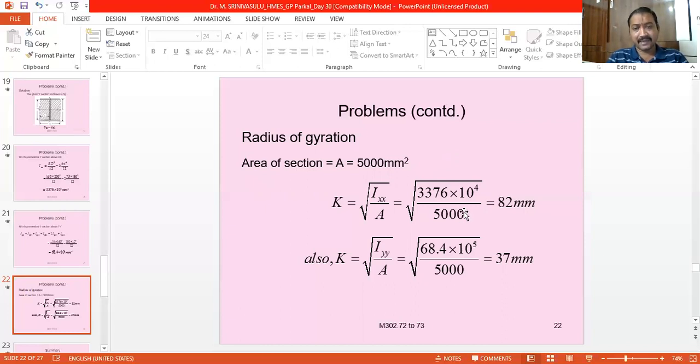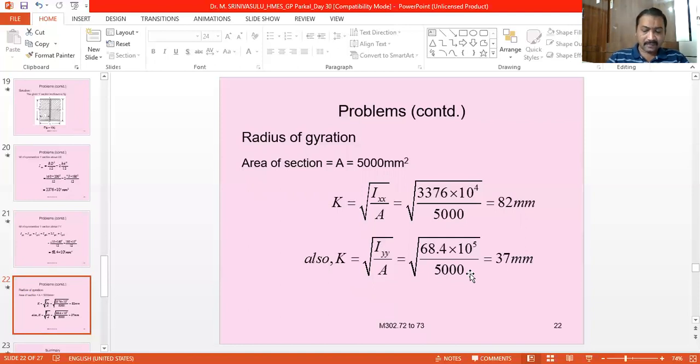Substituting these values, kx is equal to 82 millimeters. Similarly, ky is equal to under root of Iyy by A. Substituting the values, we get ky is equal to 37 millimeters. In this way, we can find out Ixx and Iyy and kx and ky, that is, the radius of gyrations for the given I section.